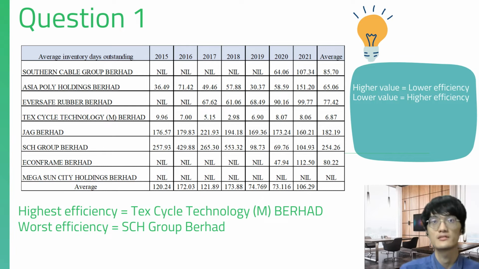Therefore, TechCycle Technology Berhad has the highest efficiency in managing inventory to generate sales, while Jack Berhad has the lowest efficiency in managing inventory to generate sales. The other 5 companies perform with reasonable efficiency in managing inventory to generate sales, as their inventory turnover is close to the average population's inventory turnover that recorded at 115.61.